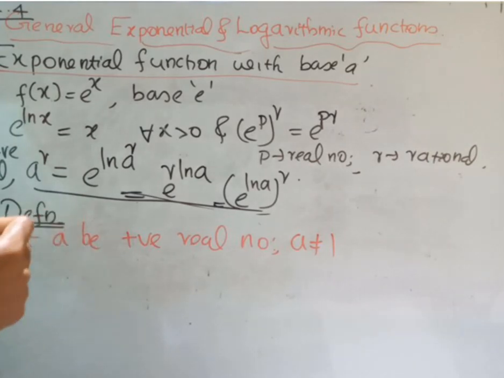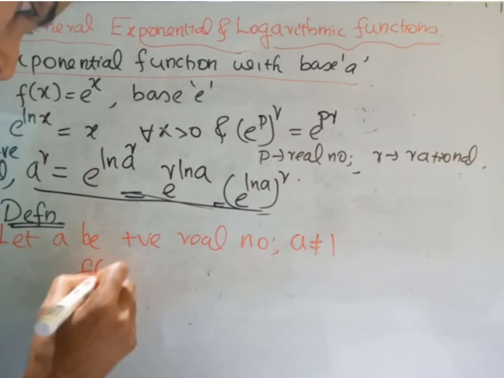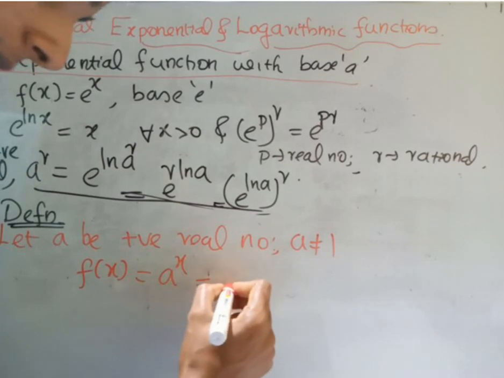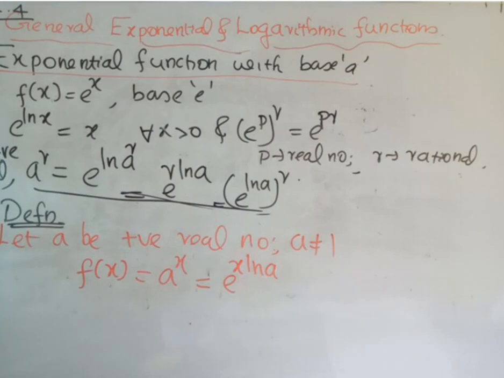The exponential function with base a is a function defined by f of x equal to a raised to x, which is equal to e raised to x log a, for every real number x.